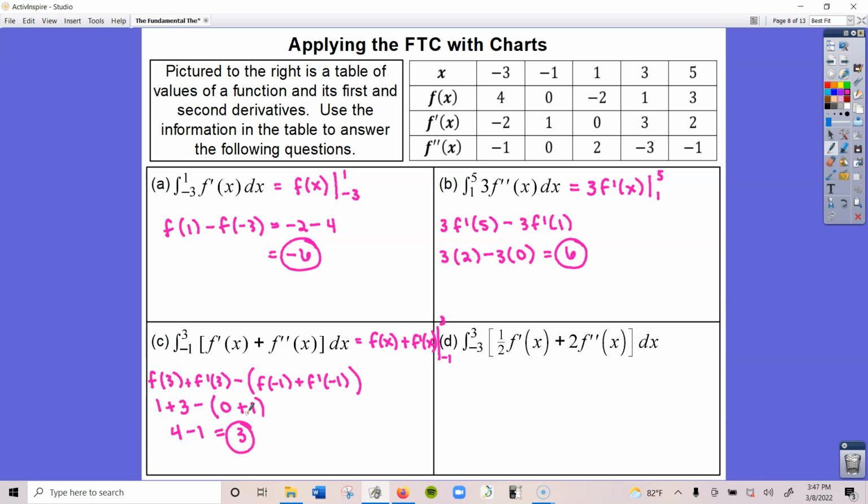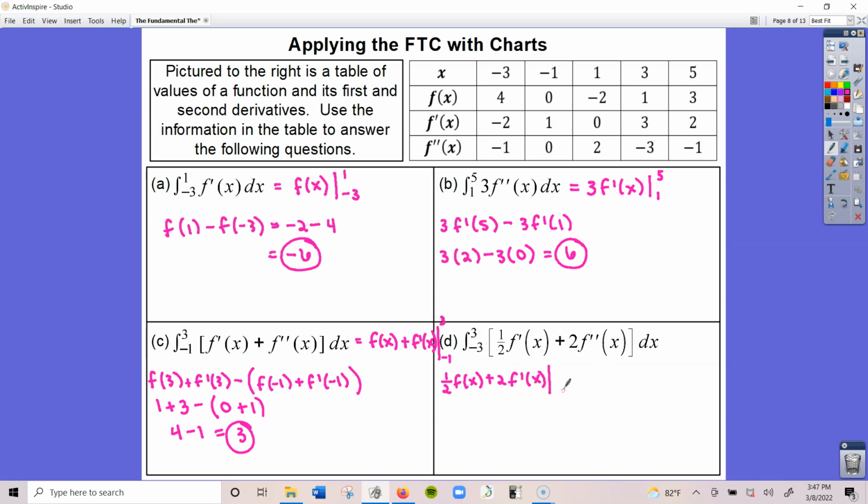For this last one, we have the integral from -3 to 3 of 1/2 f prime plus 2 f double prime. So when we write this out, remember again, these are coefficients. They're just going to tag along with our integral. So this is going to be 1/2 times the integral of f prime, which is f of x, plus 2 times the integral of f double prime, which is f prime of x.